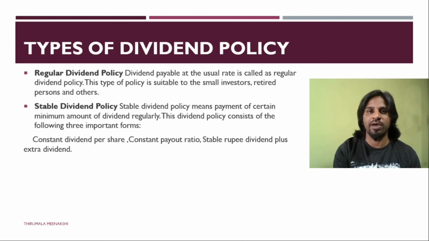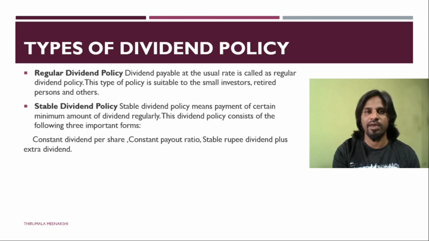Imagine a share to be 100 rupees, and for each share of 100 rupees, it will pay 2 rupees per share. And we have constant payout ratio. Out of the profits earned, a constant payout will be taken from that particular amount. Then the company has the third way, stable rupee dividend plus extra dividend.